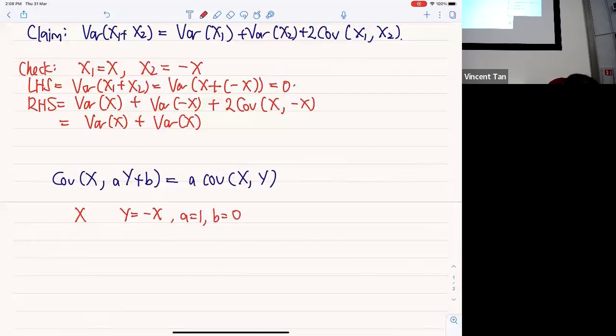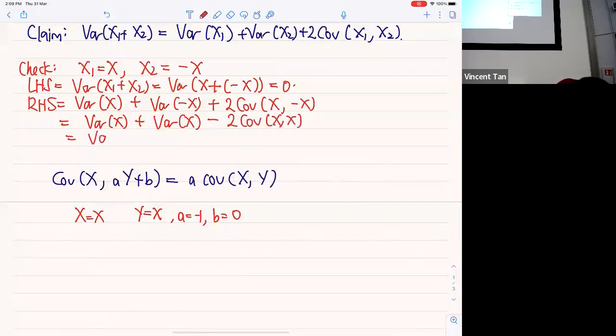Then maybe you take y to be x here, and a to be minus 1. Okay, then what you have is, let me make this look neater. This is -2 covariance of x and x.